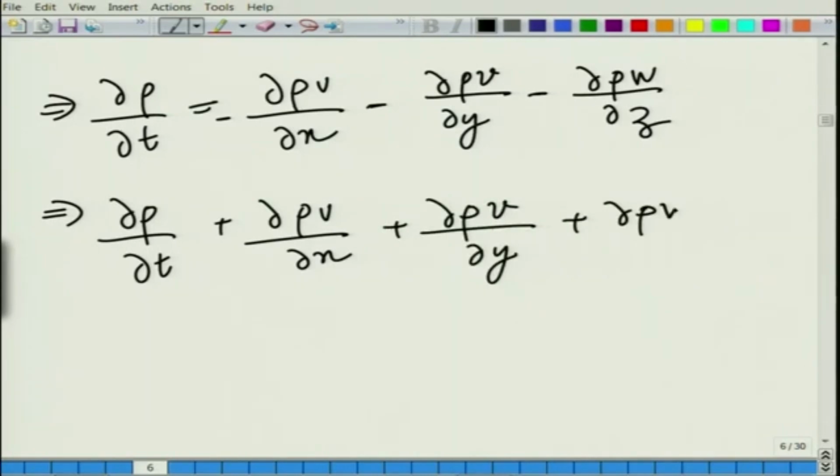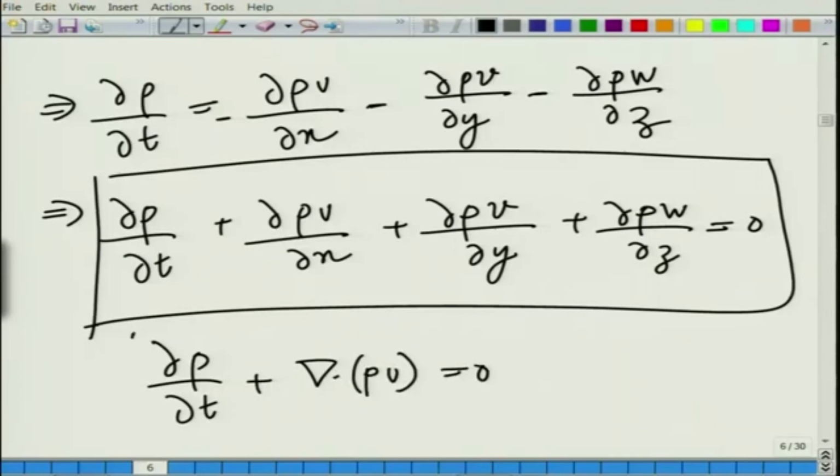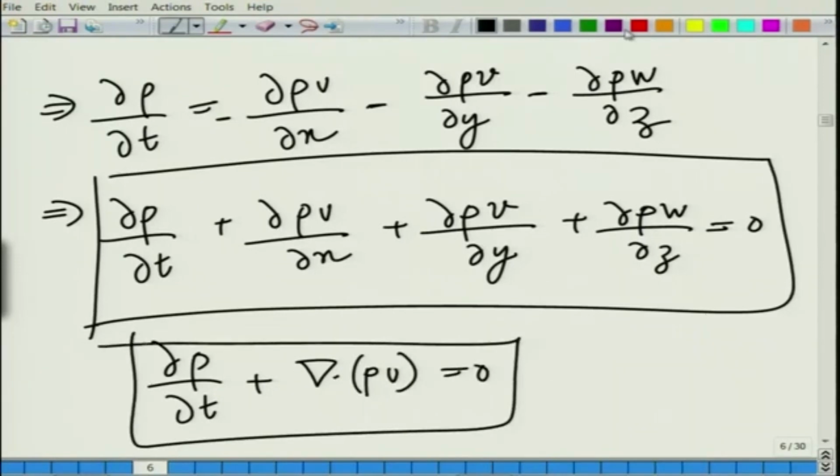So, we will get the continuity equation, so we will basically get these two: equation 1a and 1b. The 1b is a more compact form, and this is the fully expanded out form.